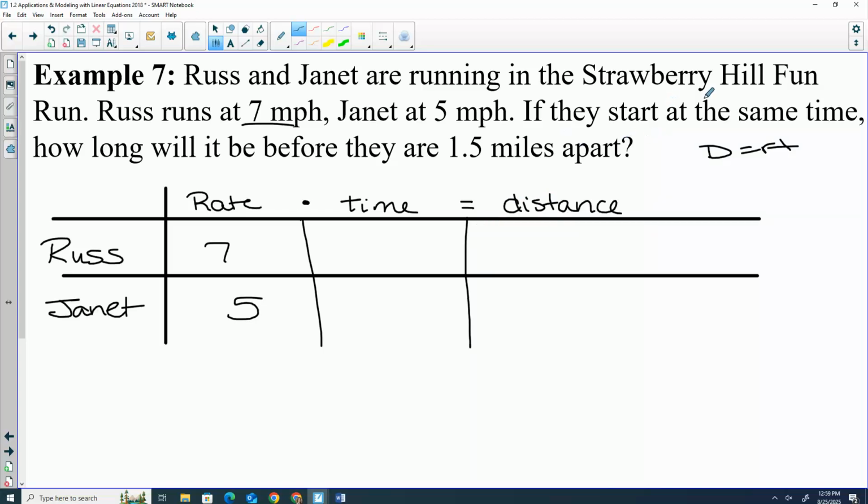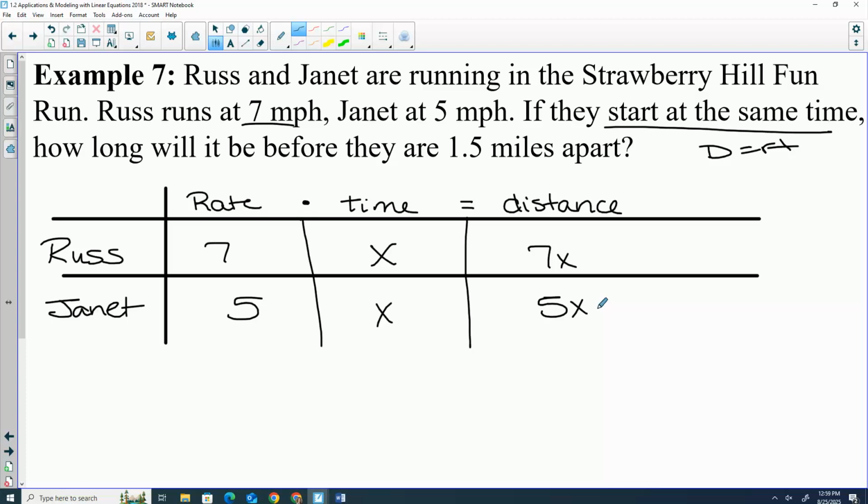They're going to start at the same time and they're 1.5 miles apart. So if I don't know how long they've been running, but they started at the same time, their 2 times are the same. They're both x. One person didn't start ahead of the other. So my distance, rate times time, is 7x and 5x.